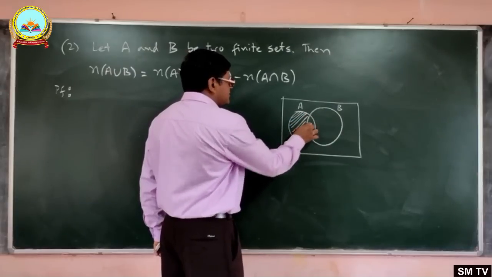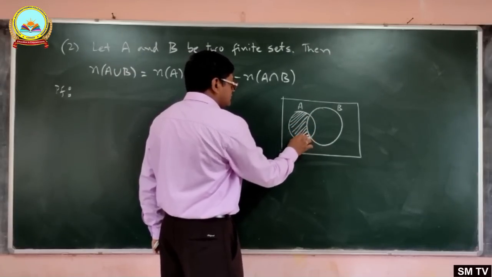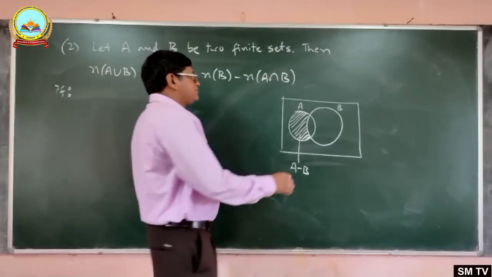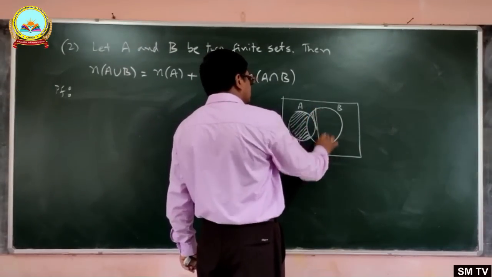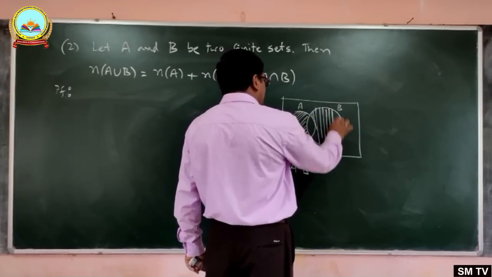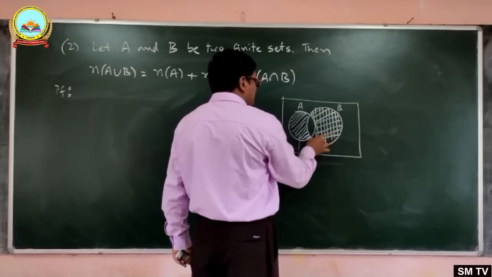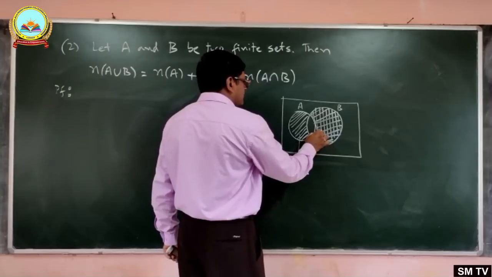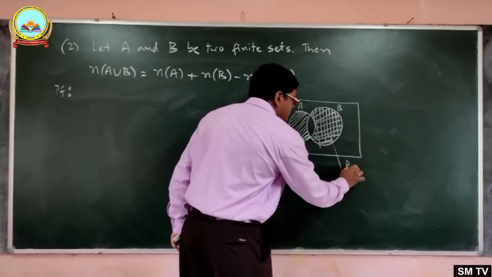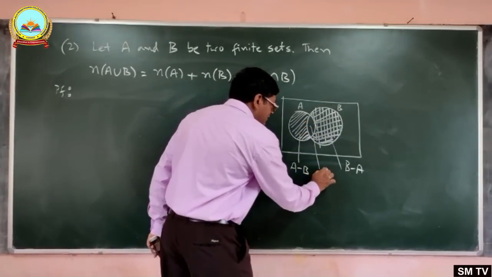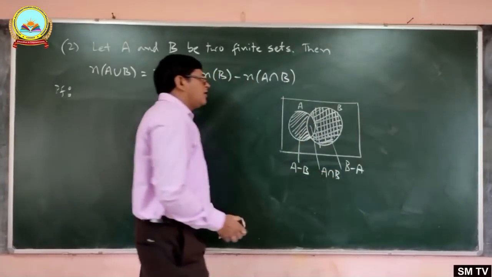This shaded region represents the set A minus B. This shaded region represents B minus A. And this common region represents A intersection B, right?